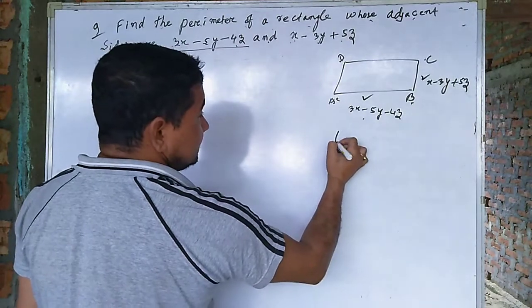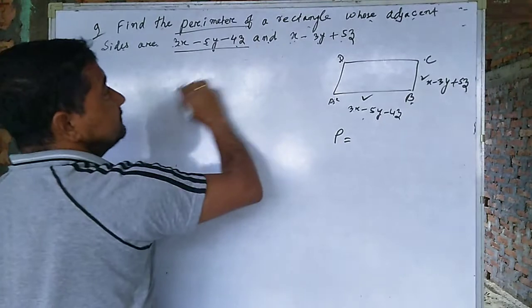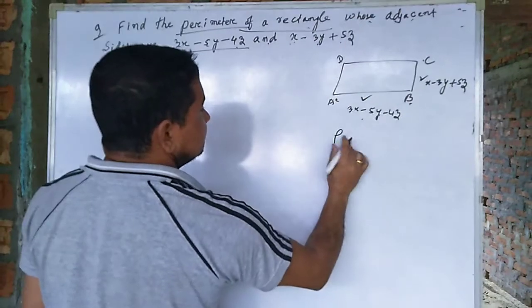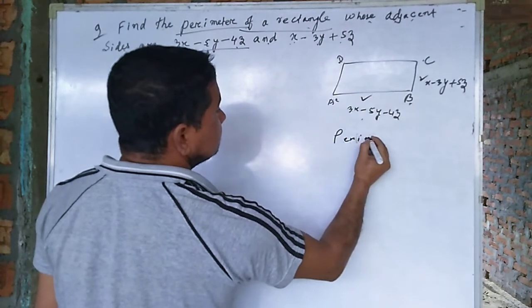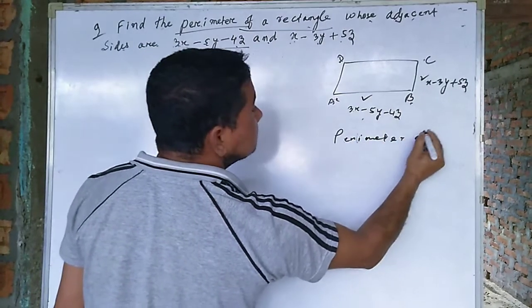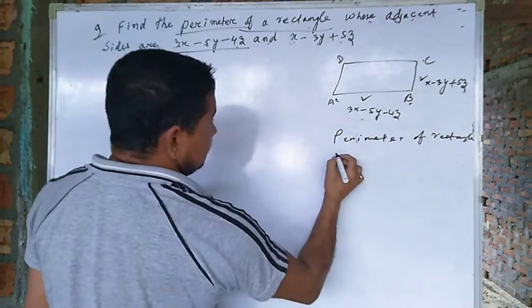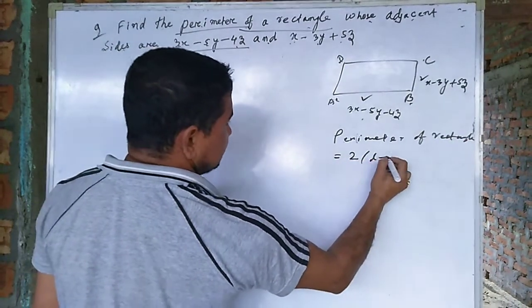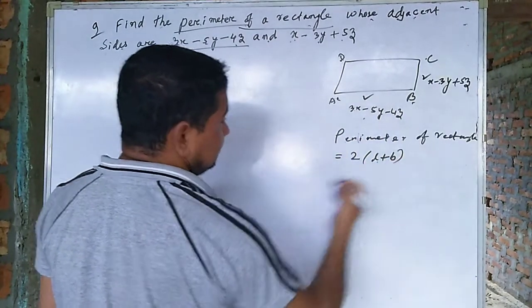We know that the perimeter P means the perimeter of the rectangle. The perimeter of a rectangle is equal to 2 times L plus B. Suppose L is this one, B will be this one.